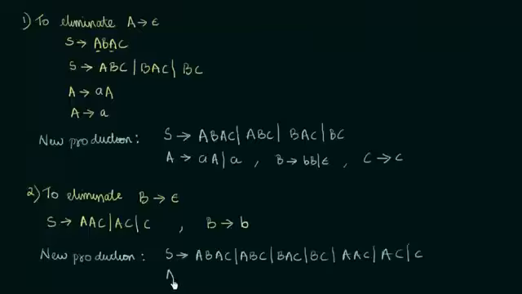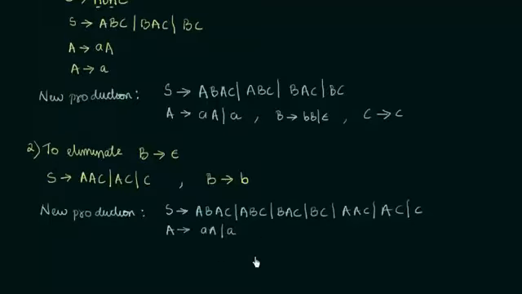Okay, and for A it is AA and small a like before, and for B we have BB, which was already there, and in this step we got one more production for B, which is B gives B, so B also gives B. And then C is the same as it was, C gives C. Okay, so by following these steps we see that we have removed all the null productions, so none of the non-terminal symbols are giving epsilon anymore.